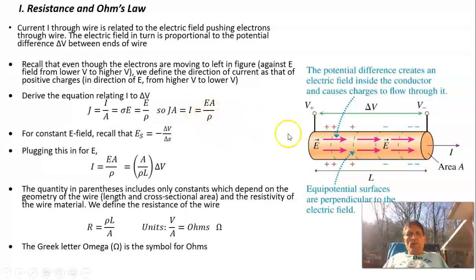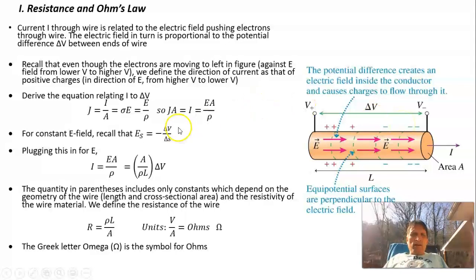Now we want to put this in a little more useful form. We know that the electric field is related to the potential difference, and we can measure this, right? It's the voltage across the battery, or it's the voltage produced by some other source. So we want to put this in terms of the potential difference.